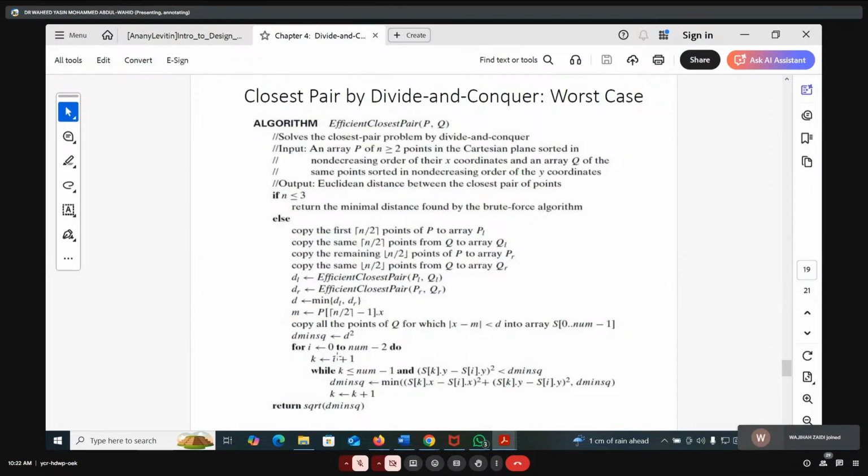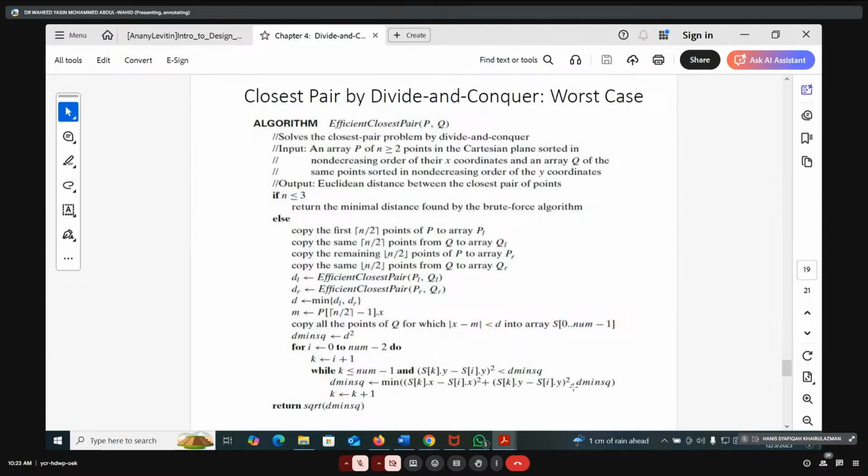For i equals 0 to num minus 2, do k equals i plus 1, another loop here, while k is less than or equal to num minus 1 and (S[k].y minus S[i].y) power 2 is less than dminsq. Here dminsq equals the minimum of dminsq and (S[k].x minus S[i].x) power 2 plus (S[k].y minus S[i].y) power 2.